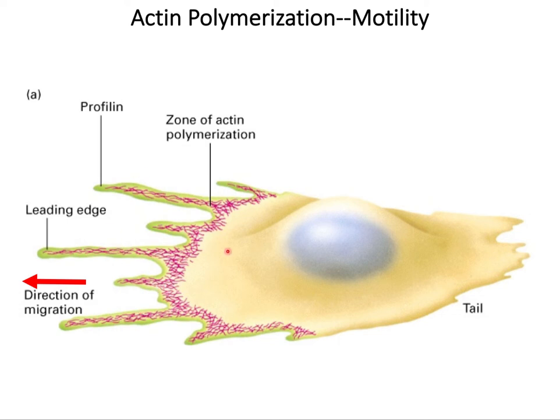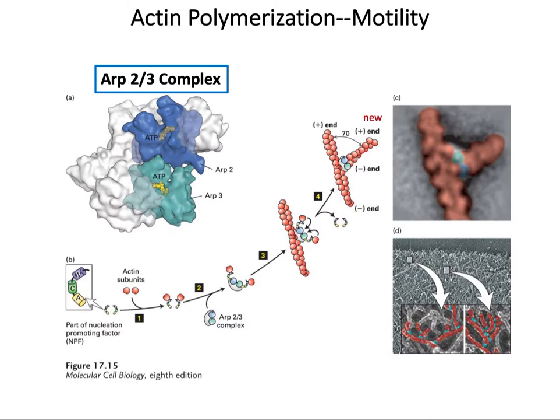What's interesting is that the polymerization of actin is happening at this leading edge, and not necessarily just by adding straight filaments, but they are actually branched filaments. So what mediates this branching? There is an important protein complex known as the ARP2/3 complex.